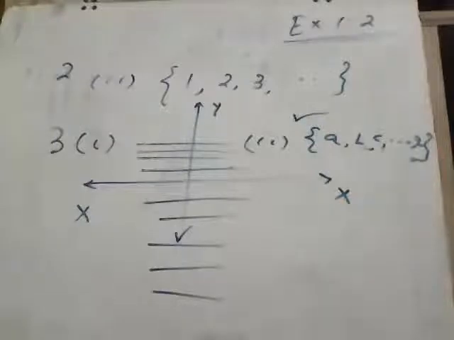Check your solution with the solution set given at the back of the book. Exercise 1.2, question number 1, 2, 3. Write only the answer quickly so that I will proceed. Be quick.